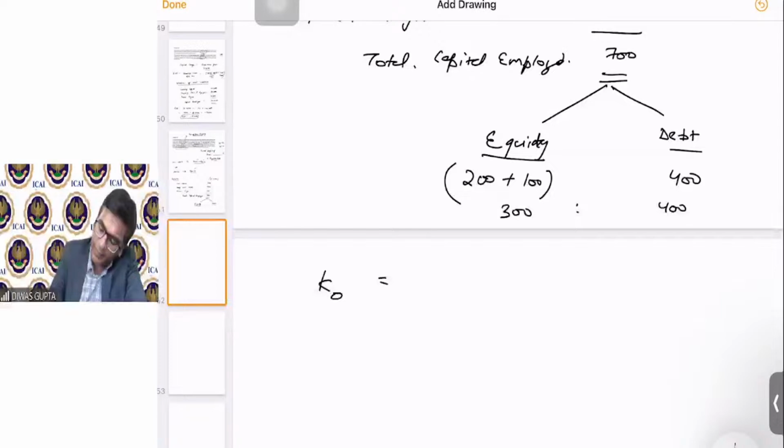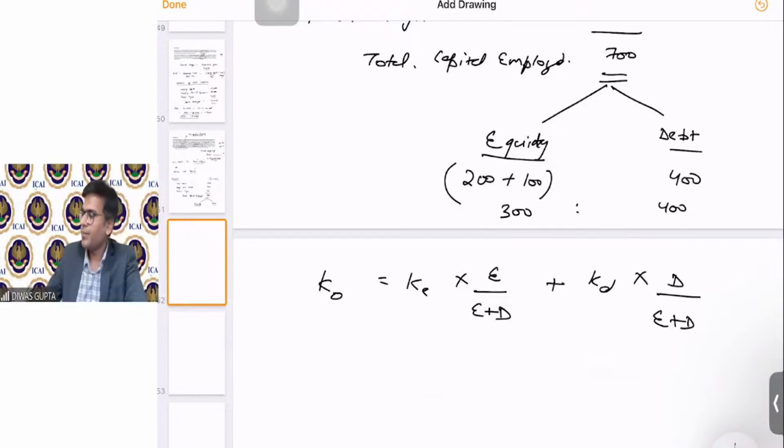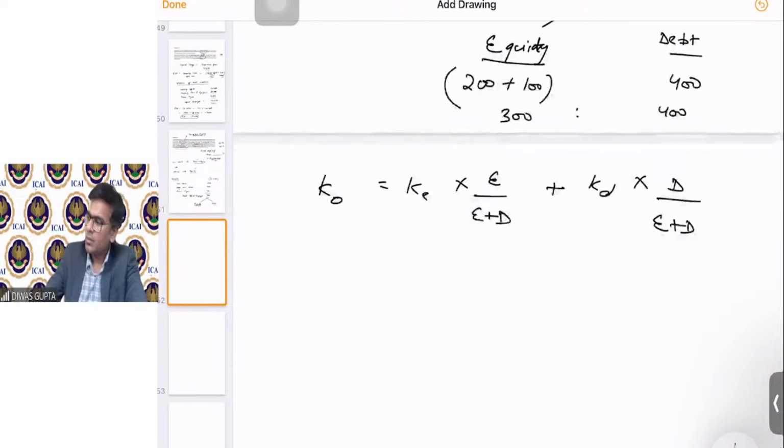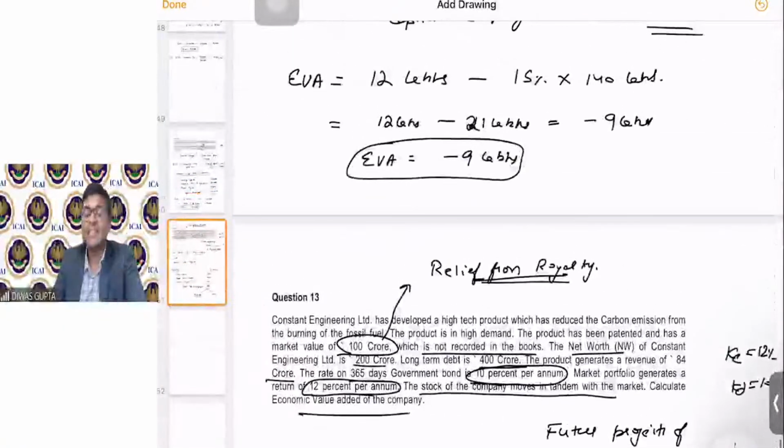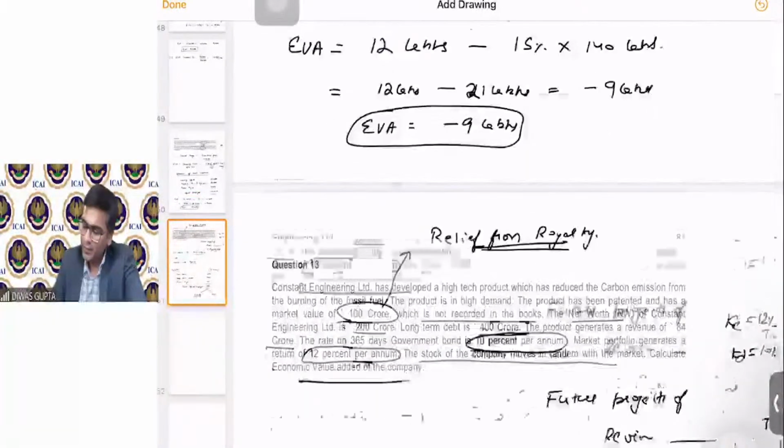Overall cost of capital will be cost of equity multiplied by equity divided by equity plus debt, plus cost of debt multiplied by debt divided by equity plus debt. Okay. So in this case, have we been given anywhere the tax rate? No, right? We have not been given the tax rate. Hence, we can ignore it.